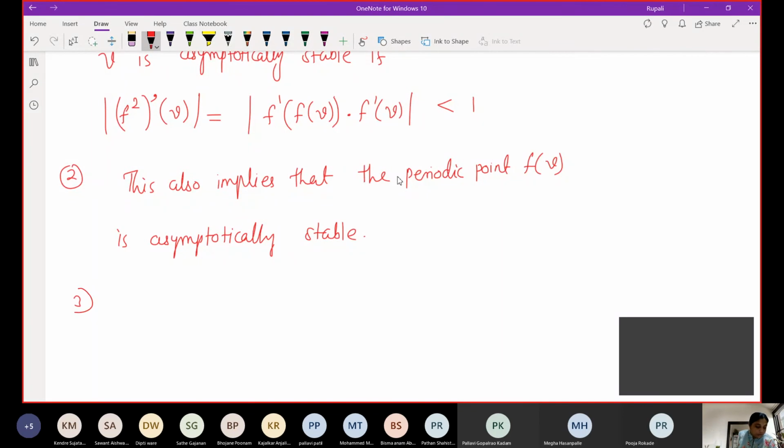And third, similar remarks apply to the points with higher periods.